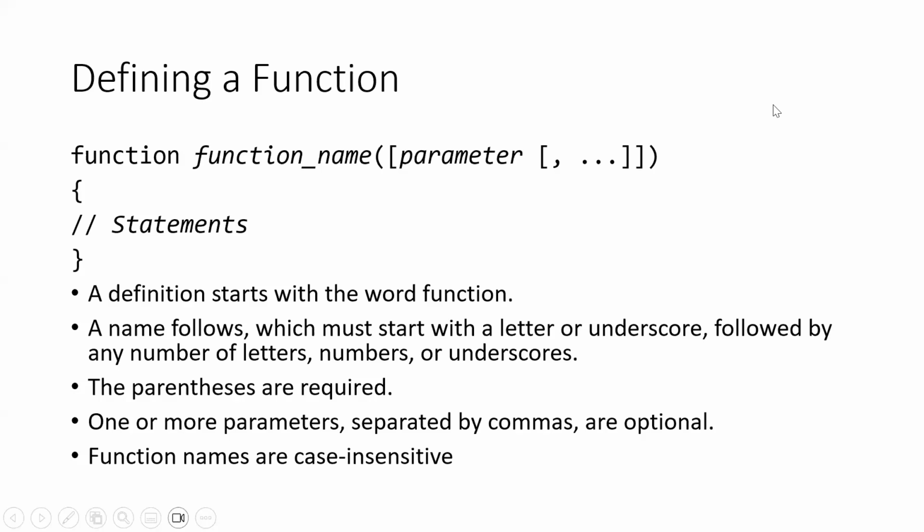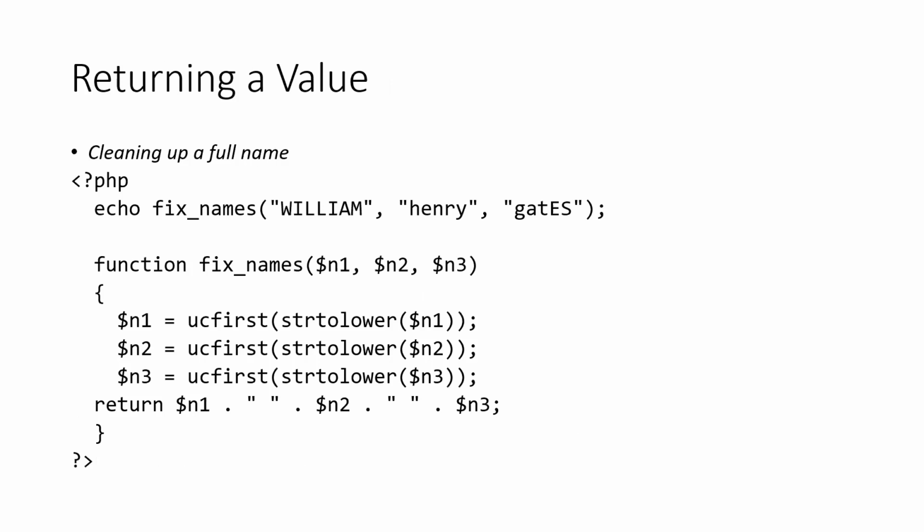So last time we started looking at functions in PHP. We discussed function structure, and we also discussed how you may return values. In this particular example, there's a function called fix names and it gets three names here, William, Henry, and Gates.